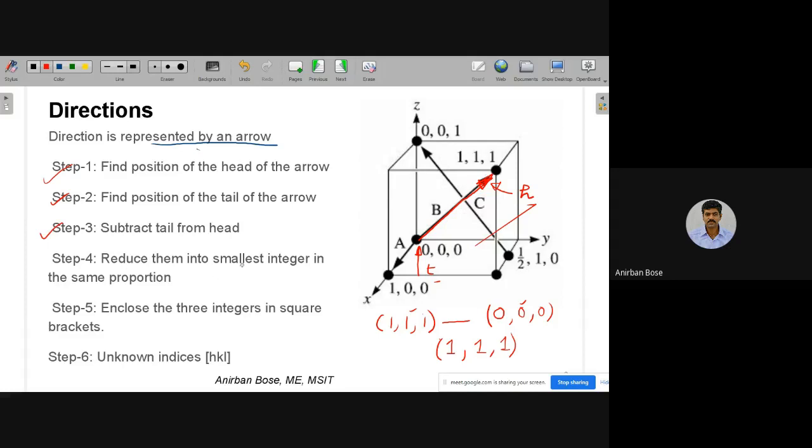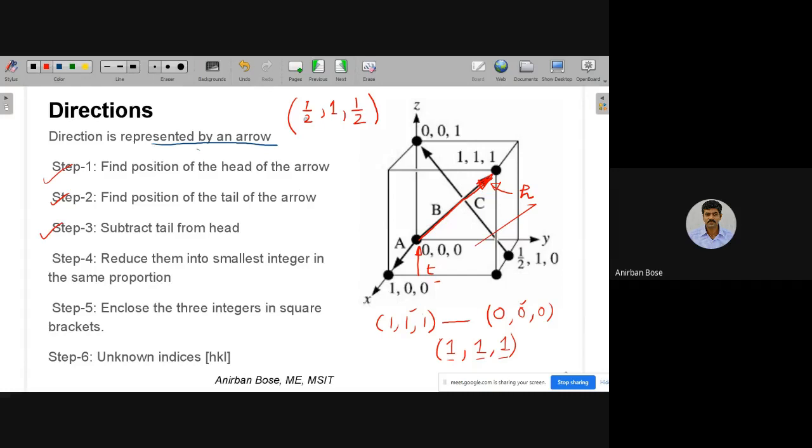Then reduce them into smaller integers in the same proportion. In this case, all of them are integers, and since all of them are 1, you need not do anything. But if you find that they are not all integers, say it is coming half, comma 1, comma half after subtracting, then you have to reduce them into integers. How can you do that?